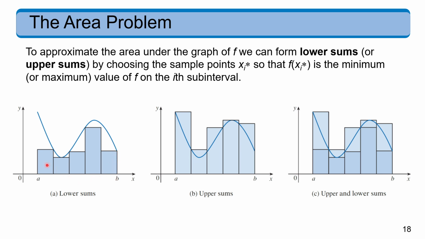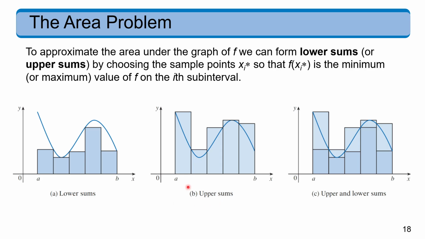Each subinterval has its own sample point that's different in each case, but it's chosen in such a way to get the shortest rectangles possible. If you choose your sample points that way, we call it a lower sum when you add up all the areas. So you can probably figure out based on that what an upper sum would be.